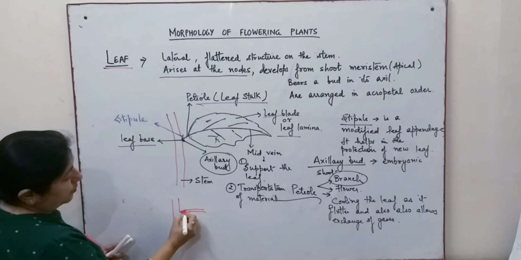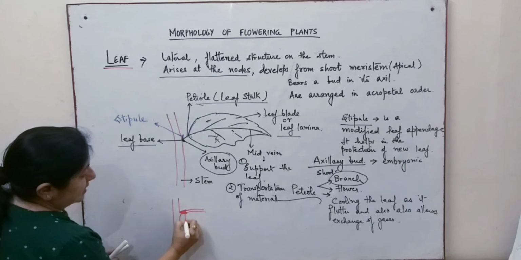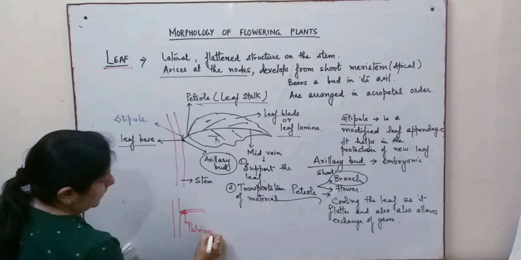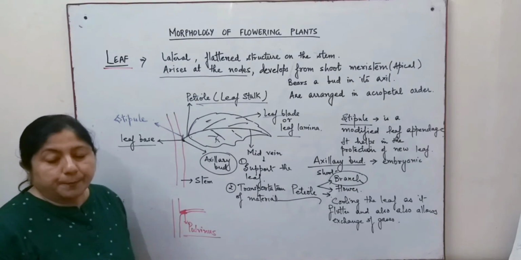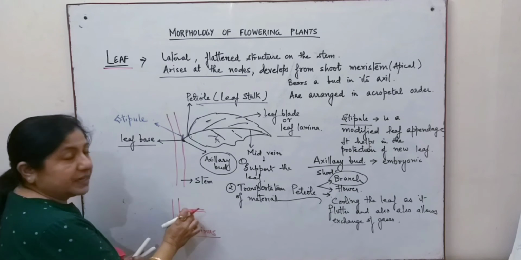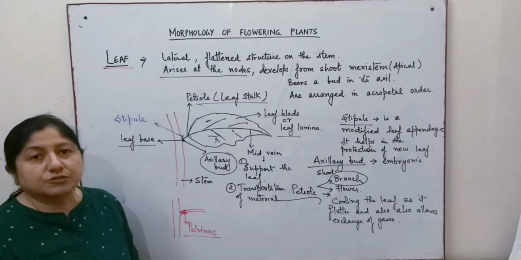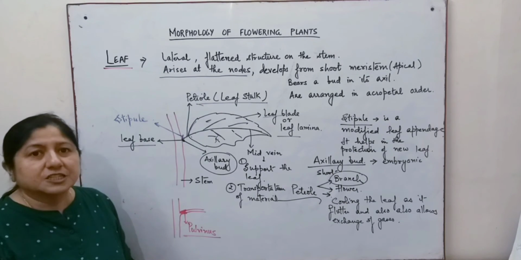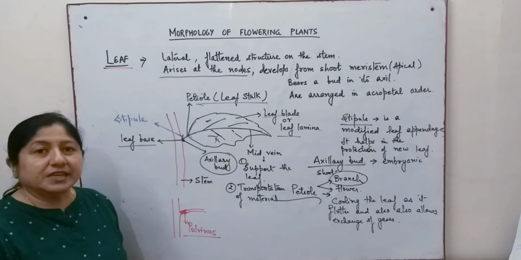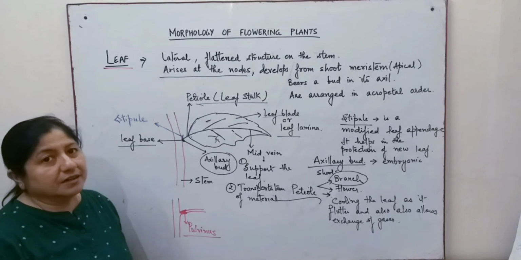This swollen portion is known as the pulvinus. It is present at the base of the leaf and is found in certain plants, especially the leguminous plants. So the pulvinus actually gives support and protects the leaf.